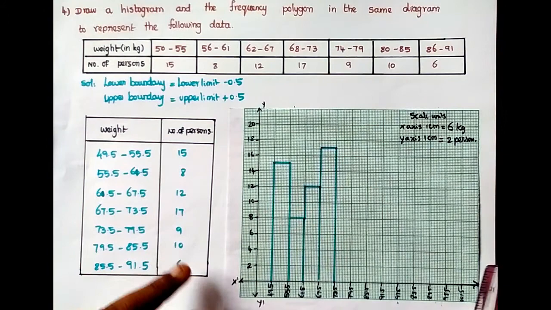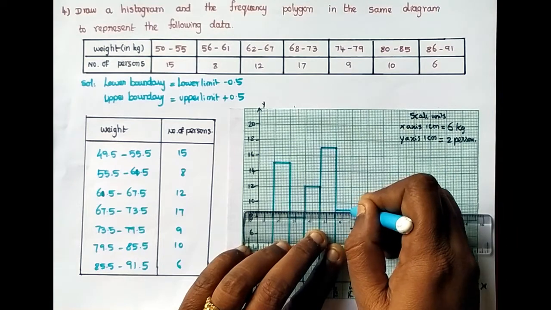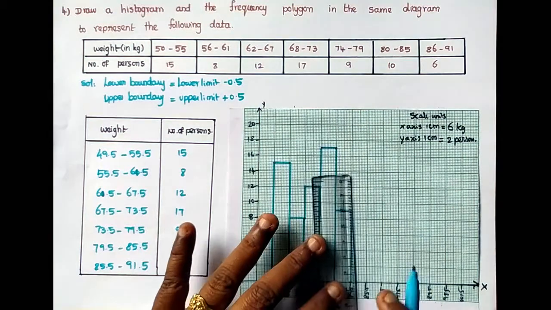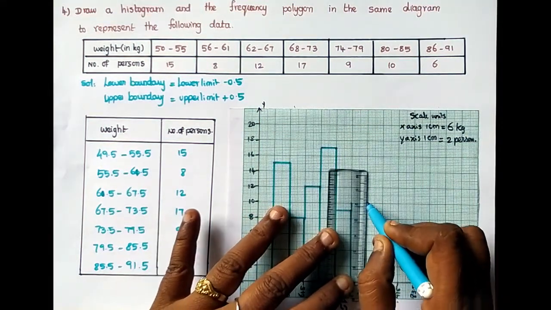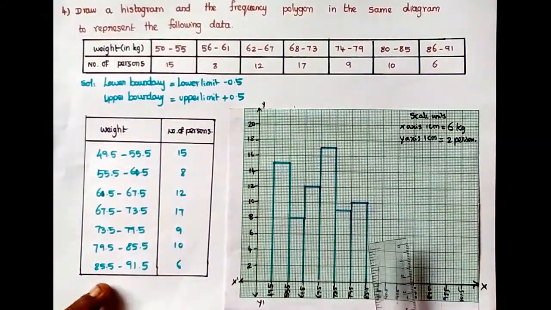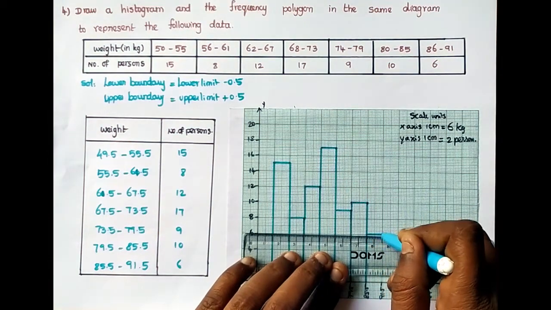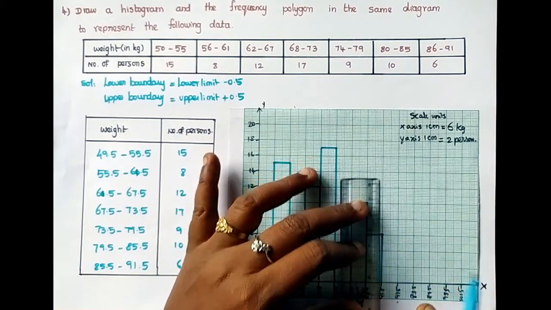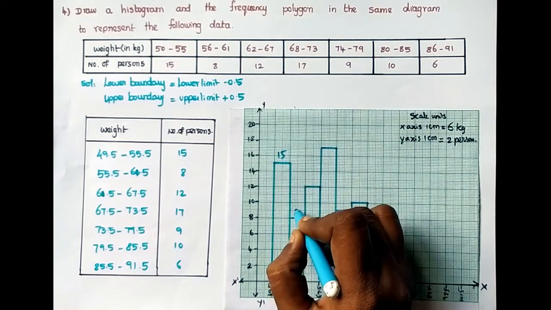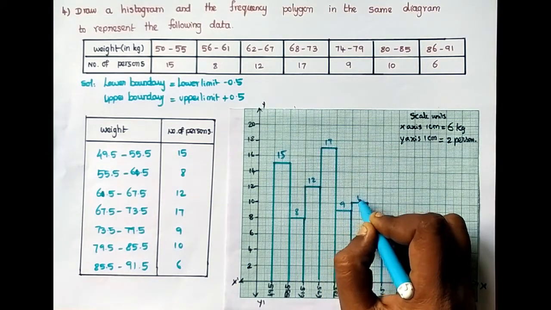The next one, 9. Next one, 10. And then 6. Write down the numbers: 15, 8, 12, 17, 9, 10, 6.